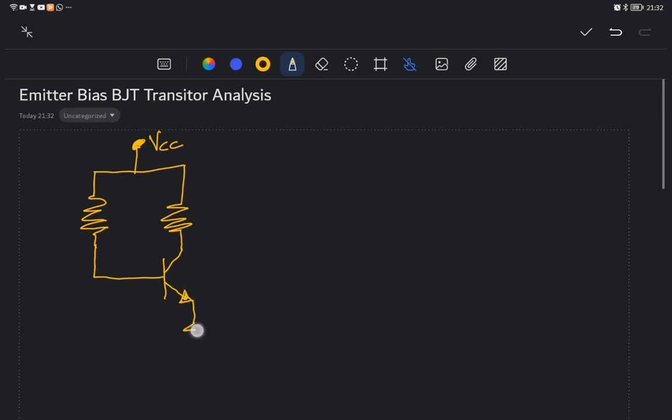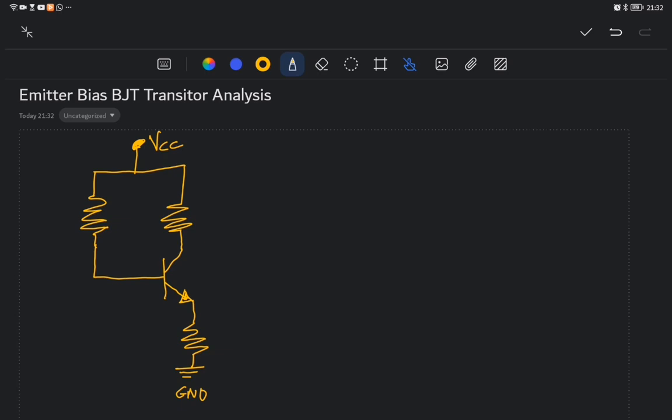Then there, the difference is right there. And then grounding, GND. So that's the circuit, how it looks, the emitter bias circuit.